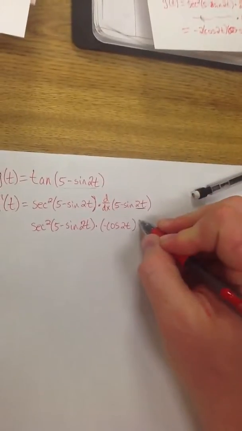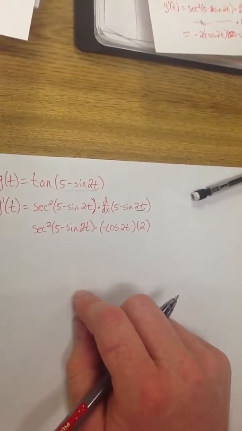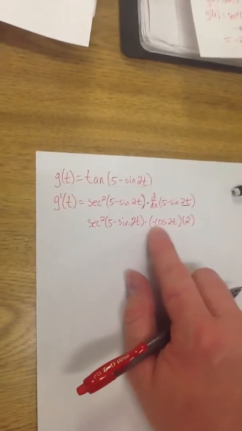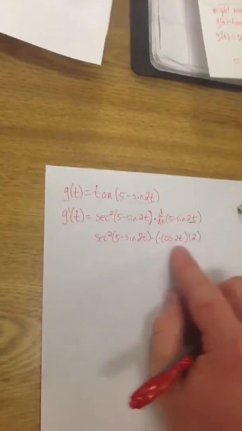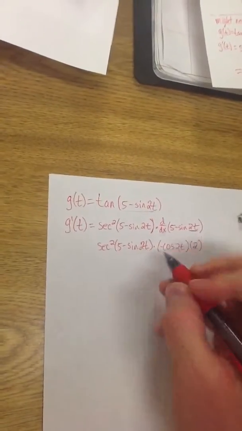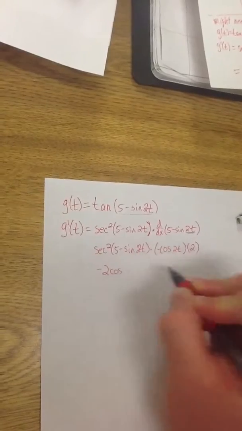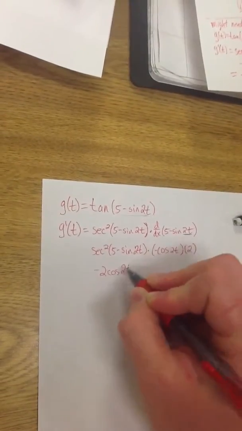The derivative of 2t is 2. And now I'm done. So I can write it a little better. I have 2 times negative cos, which would be negative. It doesn't matter what order you write it in, but I am going to multiply the 2 by that. So negative 2 cosine of 2t.